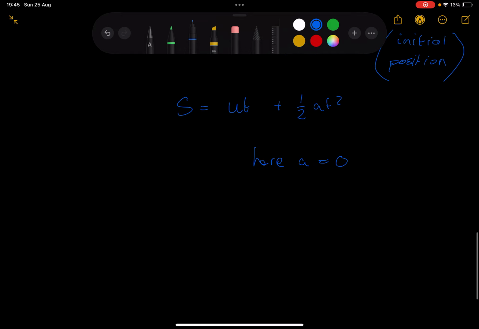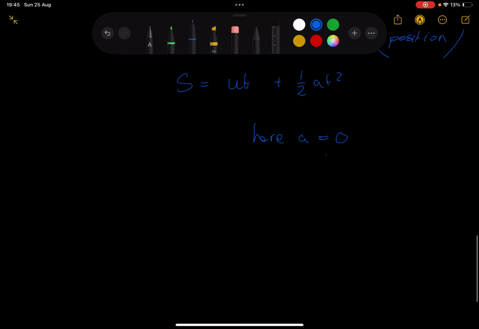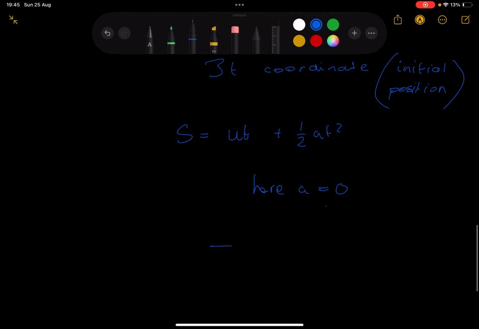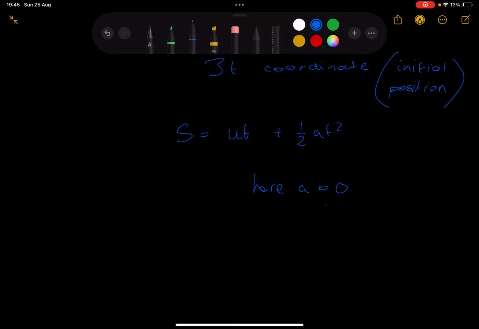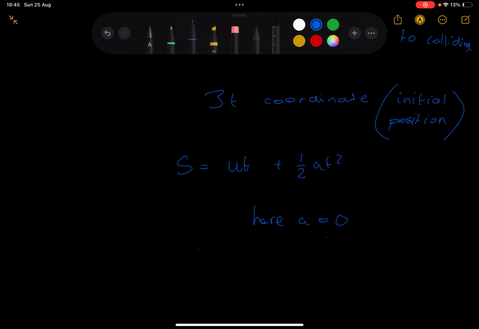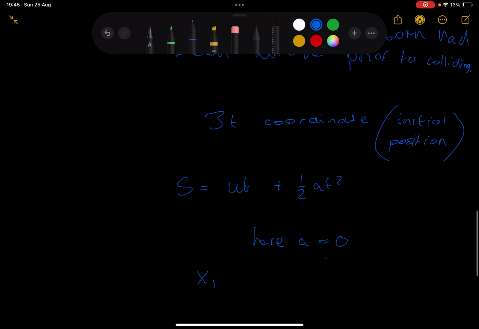This is because as horizontal vectors we assume it's going horizontally, and there's no gravity acting on it since it's not going up, and gravity is usually modeled as a downward vector. So let's take s as x1 and this as x0.